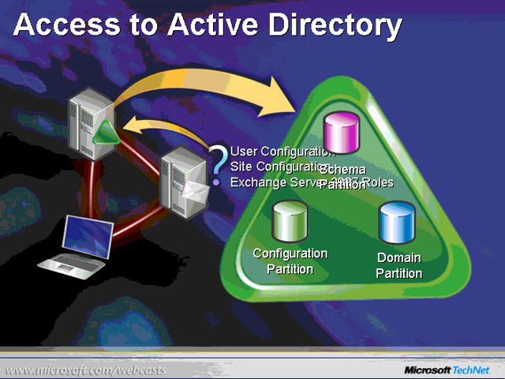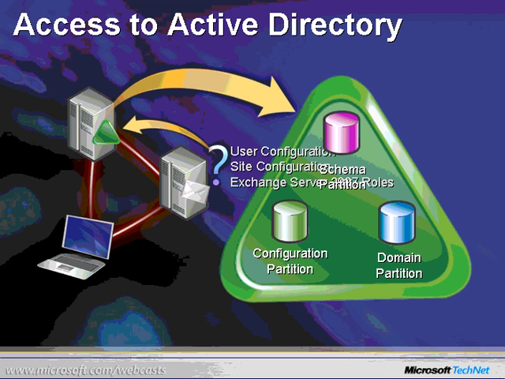In terms of configuration partition, that's going to contain information as it relates to Exchange configuration, such as address lists or global settings, email address policies as you define those, some of the transport settings, well, actually all the transport settings, they're going to be stored in AD in that configuration partition. So Exchange server related settings go in the configuration partition. The domain partition, well, that's pretty much all the data associated with, say, the recipient objects. Right?